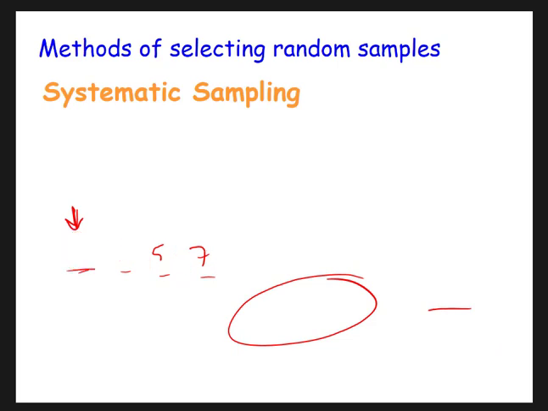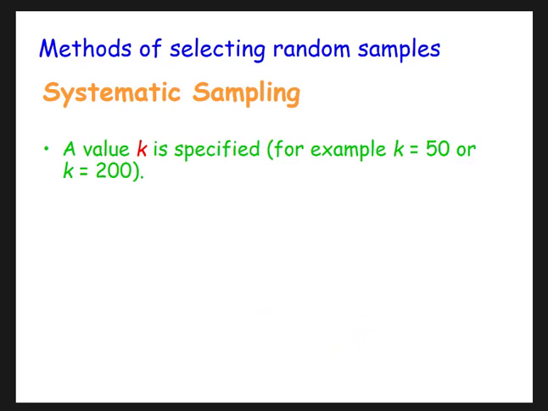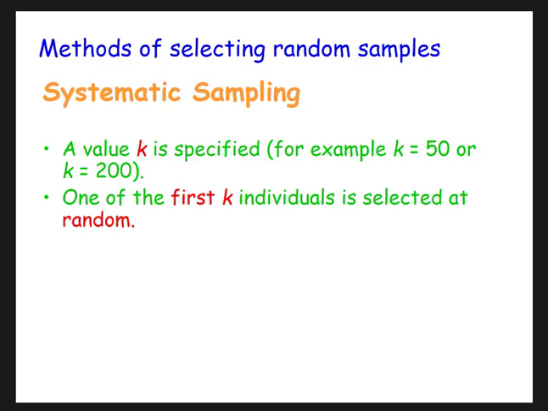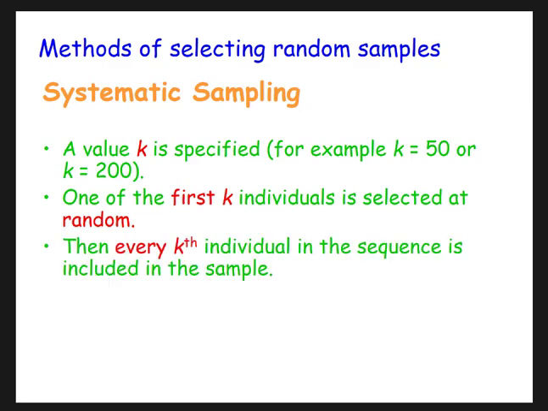So, characteristics of systematic random sampling: we pick that random starting point, and then we select every kth item in the sequence. If we need a sample of a certain size, we divide the size of the population by the size of that sample to get k.